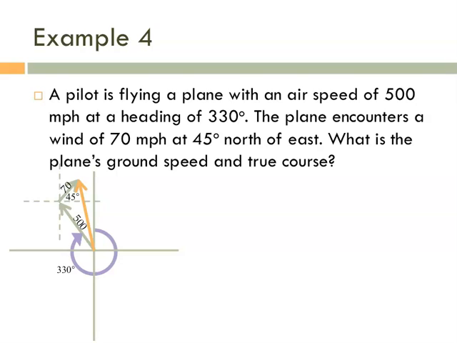In order to find that, we're going to need to add the first vector and the second vector, the two that are in green there, in order to get that orange one. We know that the second one has a direction angle of 45 degrees, but the first one, we don't have that angle yet, right?